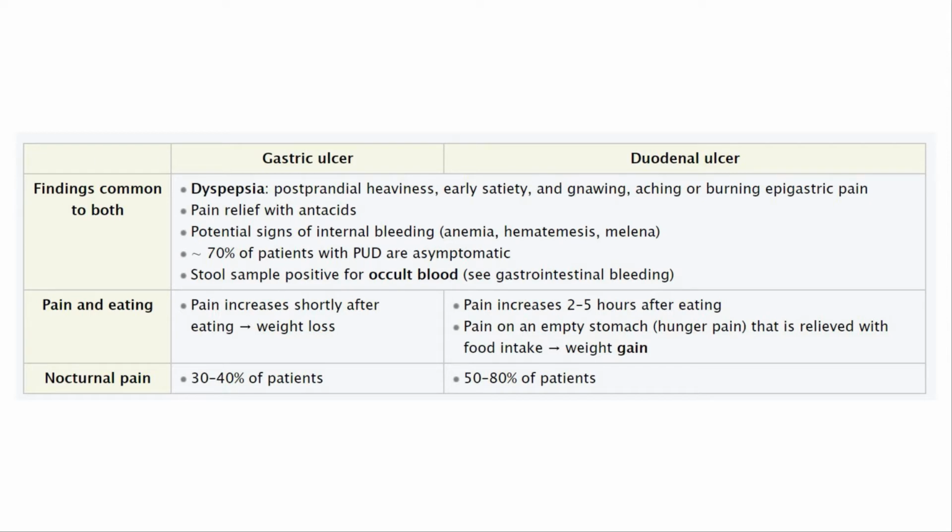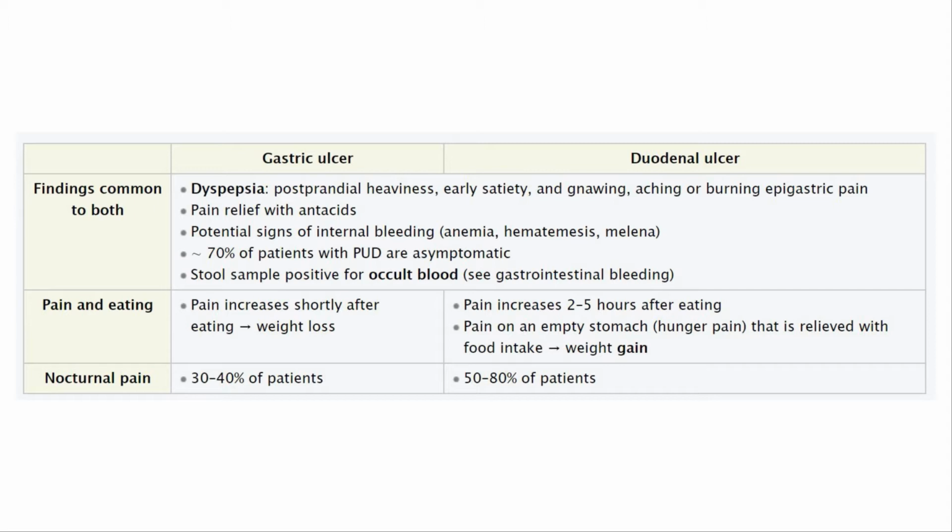So here's just an AMBOSS table summarizing that. In both forms of ulcers, obviously you get dyspepsia and discomfort when you eat food and you don't want to eat as much as normal, and there's like a gnawing pain somewhere in the epigastric region.